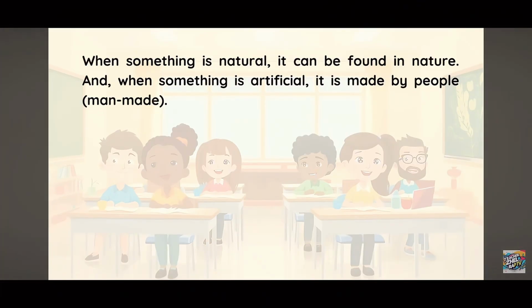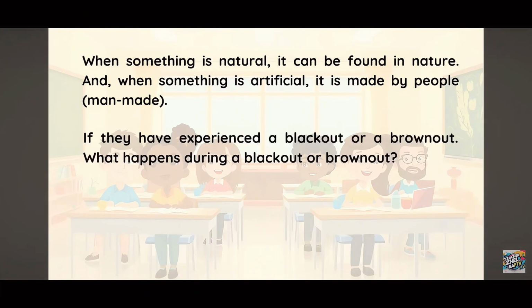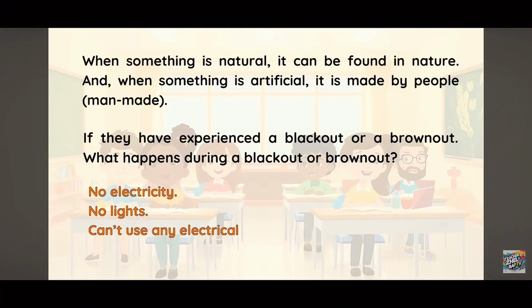And when something is artificial, it is made by people or man-made. If you have experienced a blackout or a brownout, what happens during a blackout or brownout? No electricity, no light, can't use any electrical device.